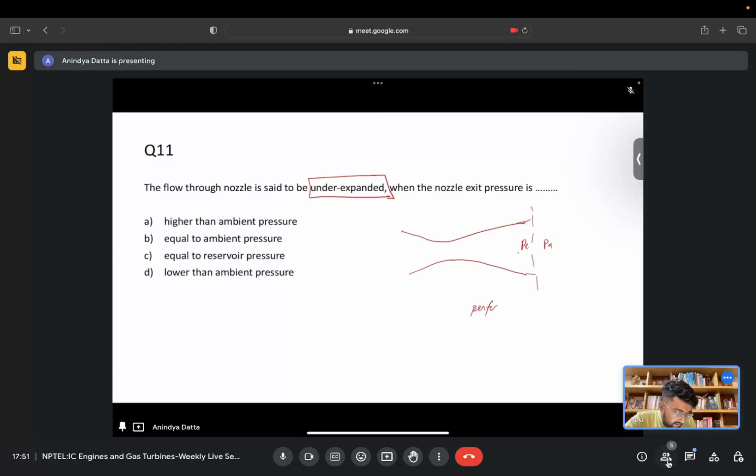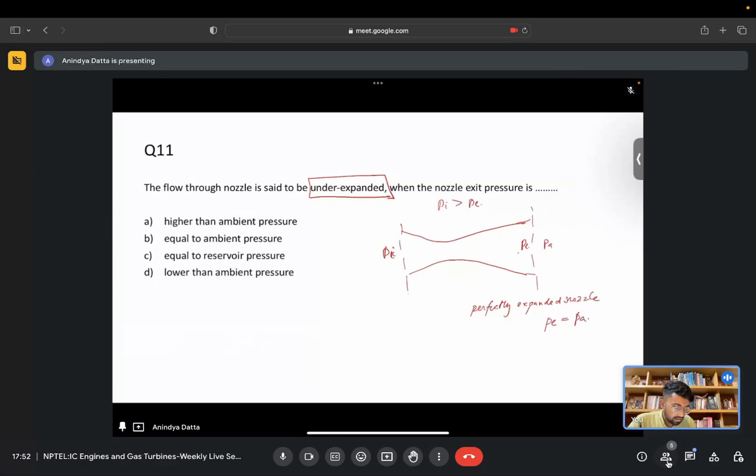So this is the inlet pressure Pi. Pi is always higher than PE, because this is a nozzle. In a nozzle there will be a drop in pressure and a rise in velocity, so the inlet pressure is higher than the exit pressure. In a perfectly expanded nozzle, the exit pressure will be equal to the ambient pressure.